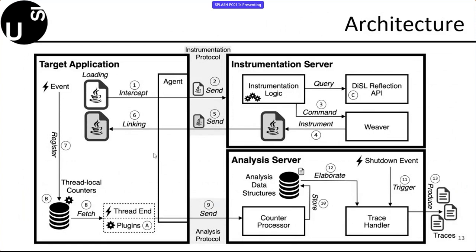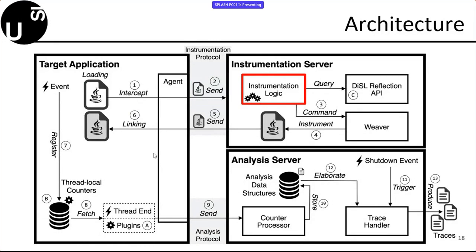P3 instruments classes at load time, and in particular, the instrumentation occurs in a separate process that is called the instrumentation server. When a class is loaded in the target application, the class is intercepted by a native agent that is attached to the target application, and this agent sends the class that was just loaded to the instrumentation server.